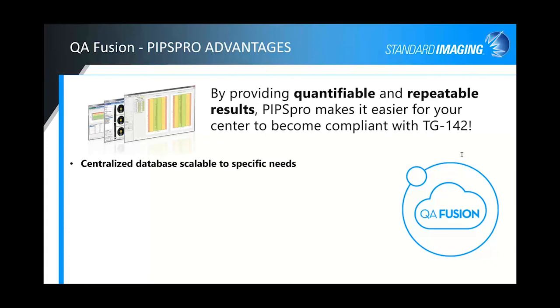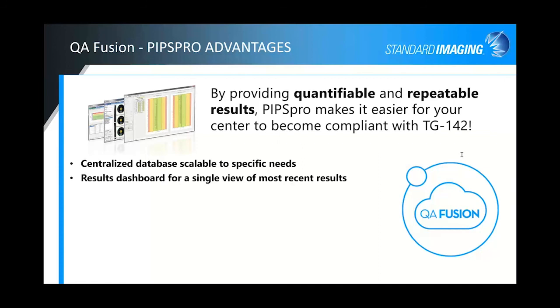You're only paying for those specific LINACs, whereas if you're a large enterprise type system with multiple systems and multiple centers, those are individually LINAC based as well. And any of our account managers can help you with pricing for the PIPSpro software.